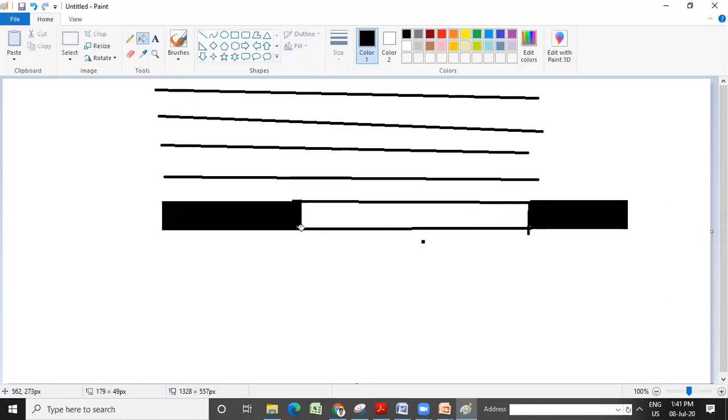So now what happens? This is the front face. This part, the first part of it, and this is the rear part of it. So now what happens now?